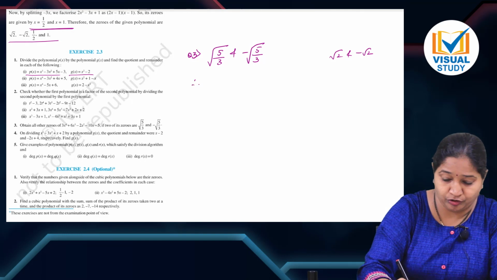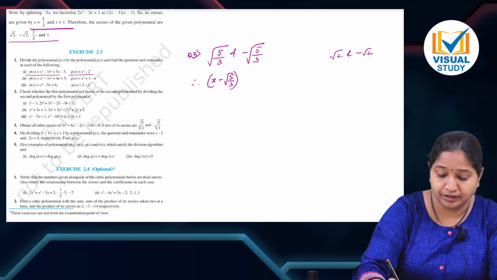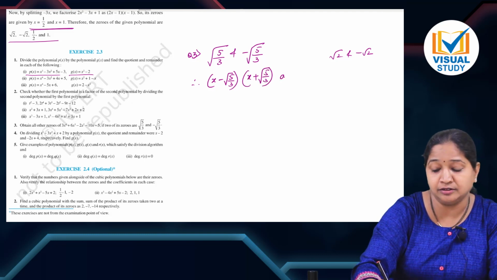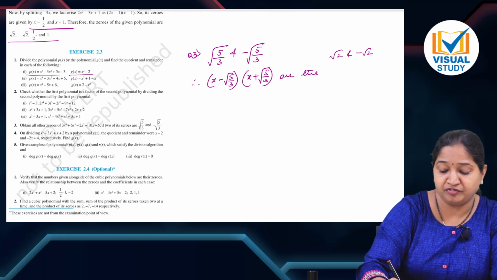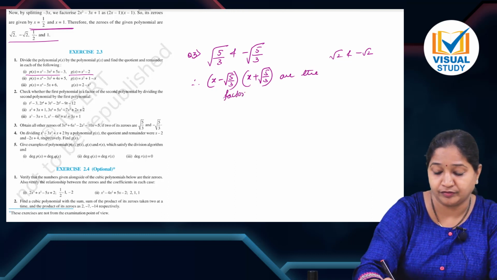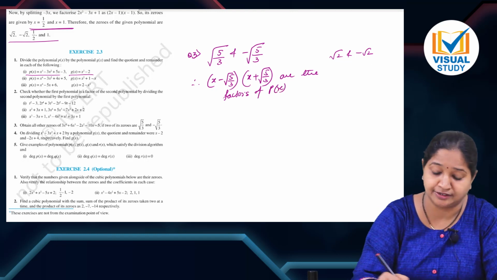Now, therefore, x minus root 5 upon 3 and x plus root 5 upon 3 are the factors of the given polynomial, that is p of x.